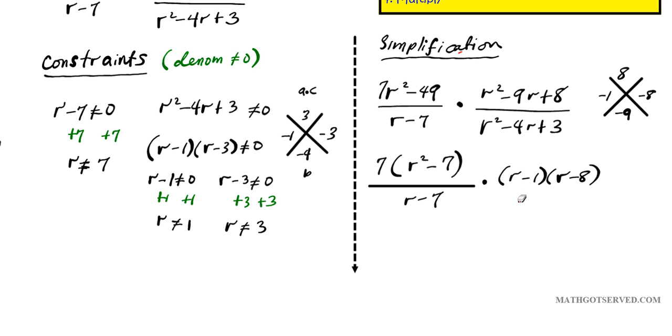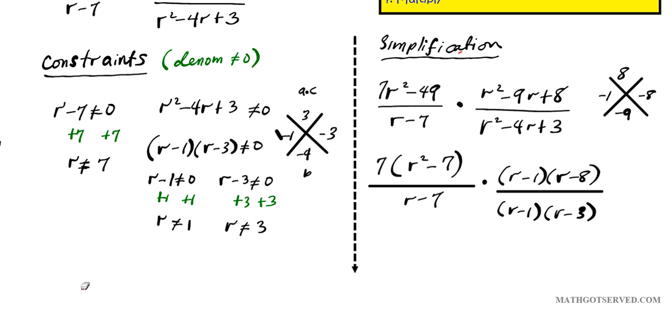Now if you direct your attention to the denominator on the right, that polynomial expression has already been factored. It was factored here when we were looking for the constraints, because this polynomial is a denominator polynomial. So its factored state is simply r minus 1 times r minus 3. Just copying what we have here.